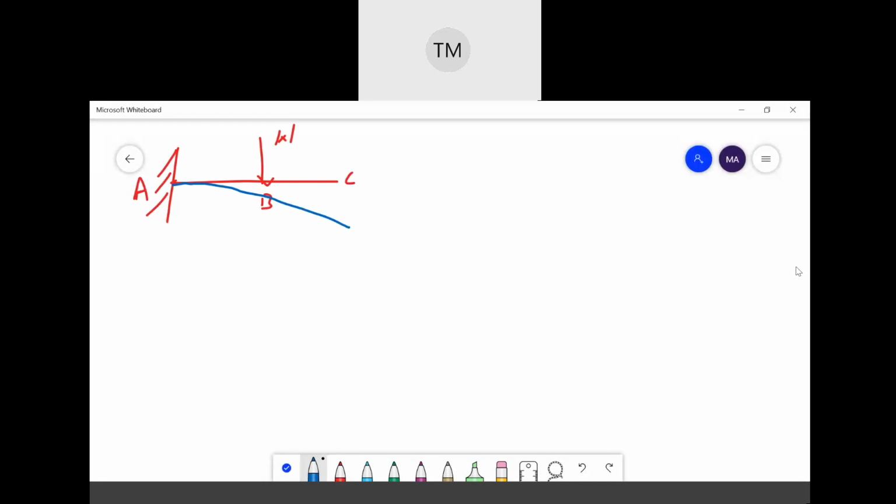So here the slope will be same, that is theta b, but the deflection will differ. From this point, here you have another deflection. So here the deflection is y1. Normal cantilever beam you have calculated.